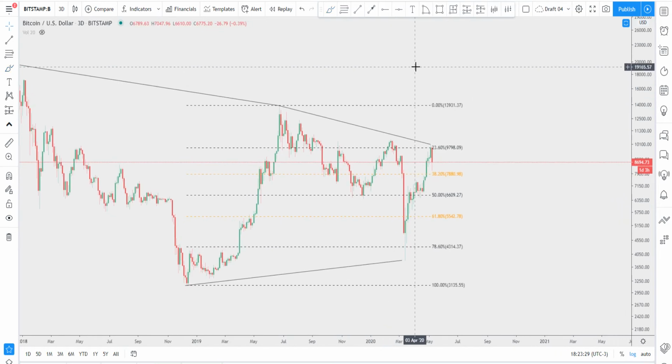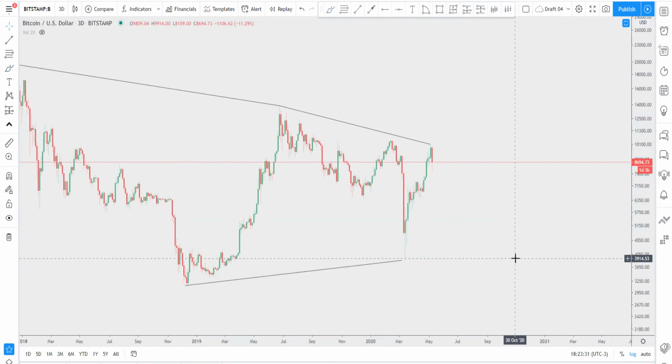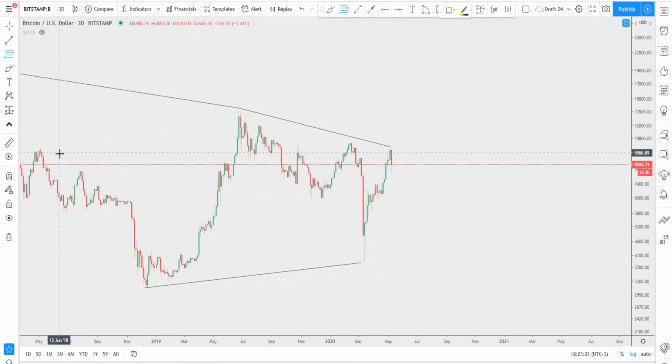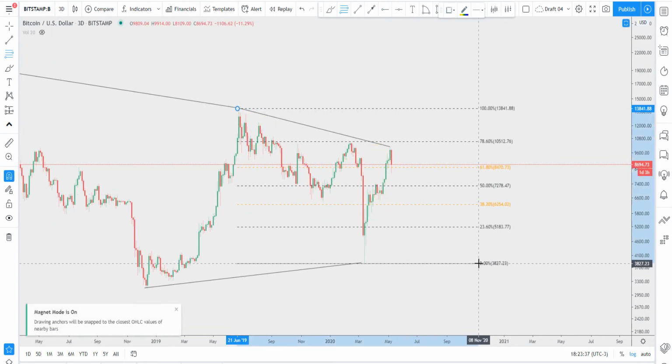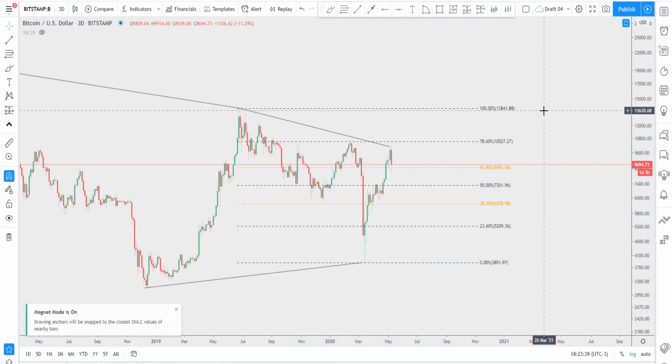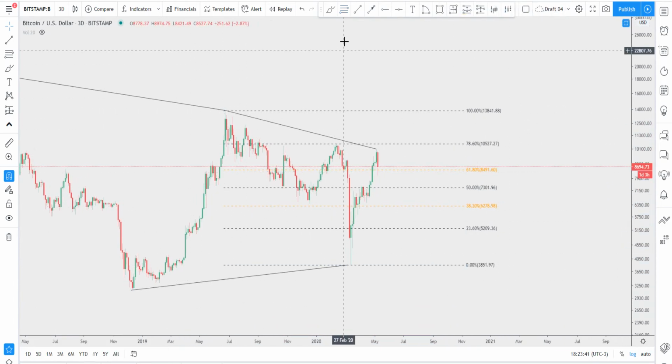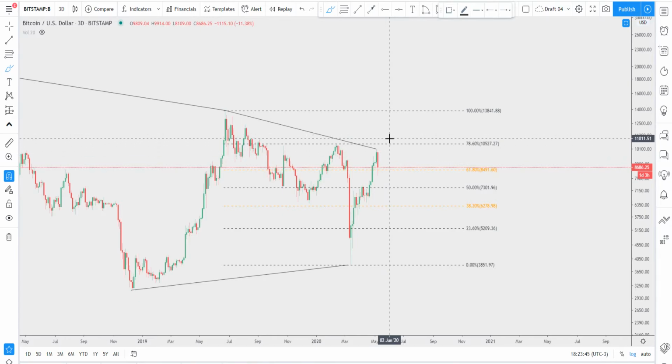And then now we go to the right. So here in this scenario we were waiting for a possible move to 10,500.